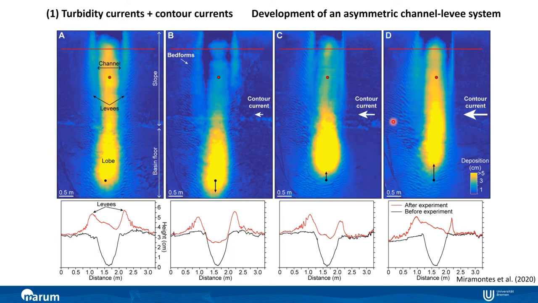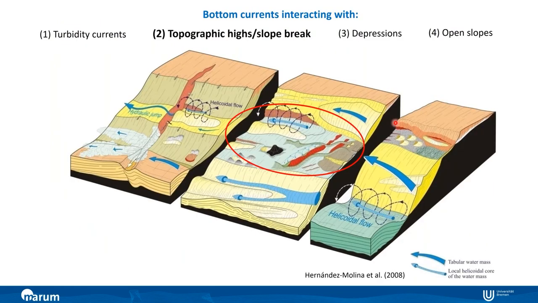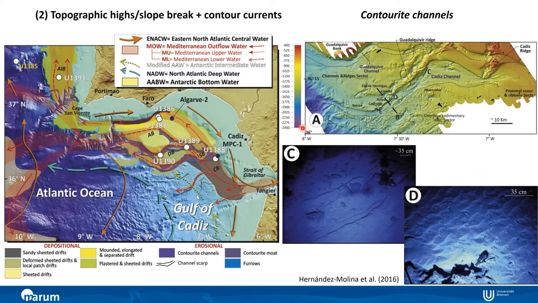Now let's move a bit more to the pure contouritic channels. First, we can have channels that are formed at the slope break or at topographic heights, that means in environments where we have a strong change in the slope. A very famous example is from the publication of Javier Hernández Molina et al., 2016, from the Gulf of Cadiz.